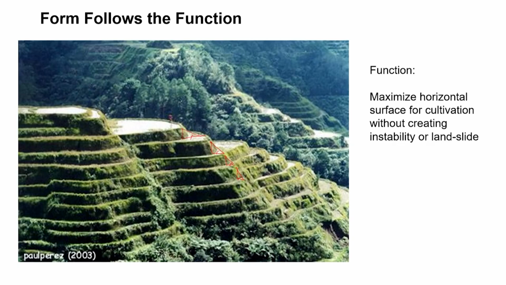And the intention here is that he has to maximize this horizontal surface, so that he can do maximum cultivation without creating instability or landslide, because you know that if the slope is too sharp, then maybe there will be a landsliding, which means the agriculture will not be successful as the irrigation will be applied. So, one has to do that decision and then cut it.